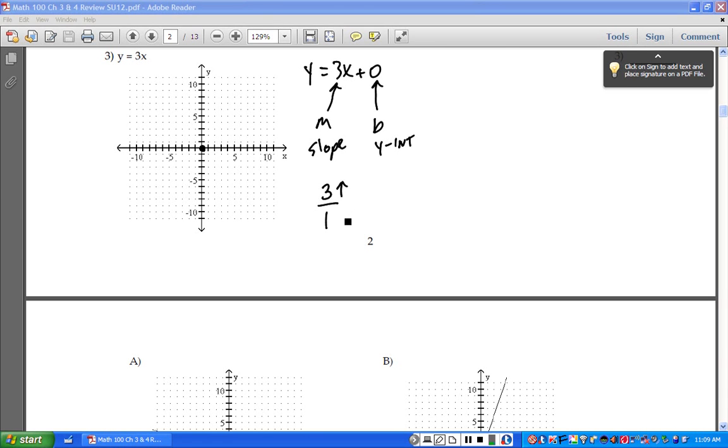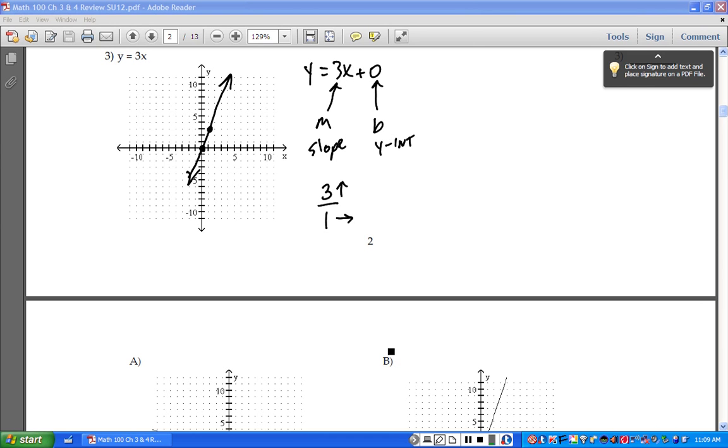So that means I go up and right. From my first point, go up 1, 2, 3, then over 1 to the right. There's the second point, and make the line. So in this case, for problem number 3, the answer would be choice B, if I'm not mistaken.